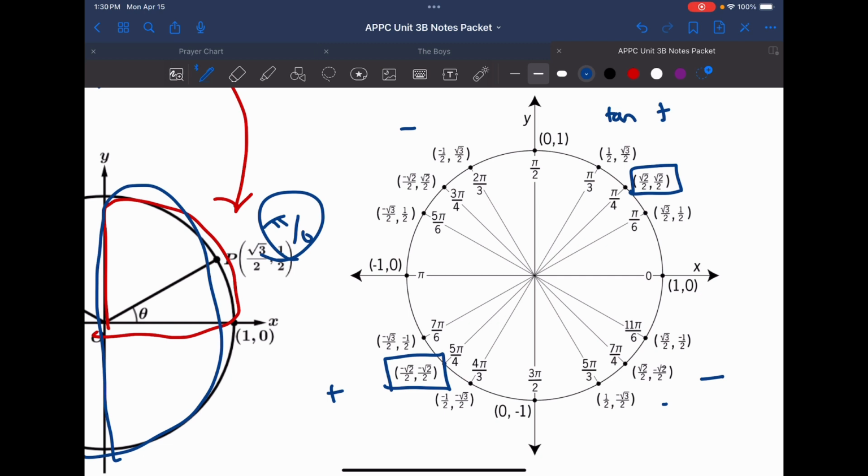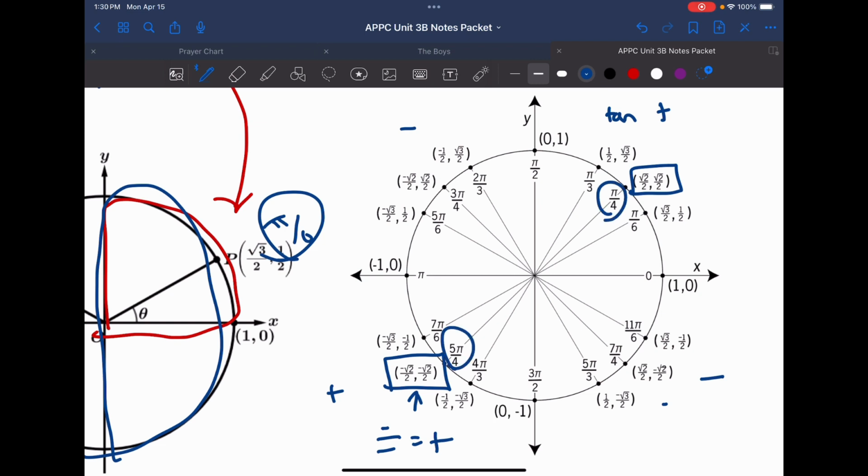Tangent is y over x, so this would be negative over negative, which would give me a positive. So tangent is equal to 1 at pi over 4 and 5 pi over 4.